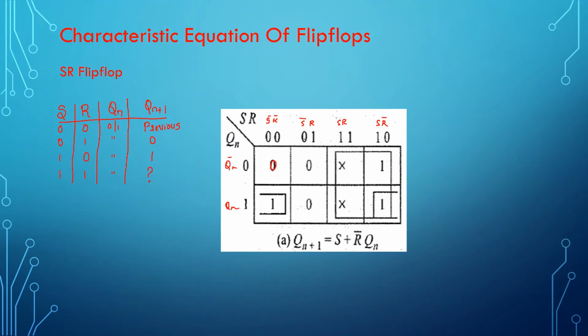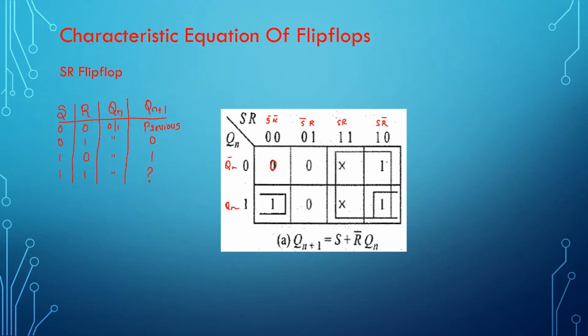If it is 0 and 1, that is if reset is made 1, no matter whatever is stored in the flip-flop, it has to become 0. If it is made 1 and 1, no matter whatever data is stored, it has to get into an illegal condition. That is what has been defined here. If it is 1 and 0, that is if set is made high, no matter whatever data is stored here, whether it is 0 or 1, it has to become 1.